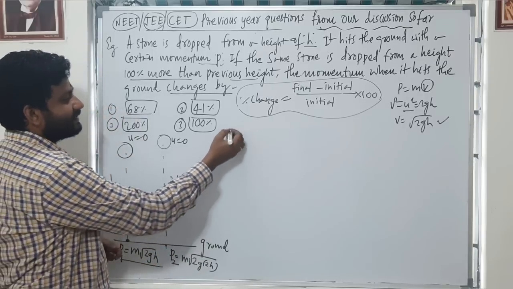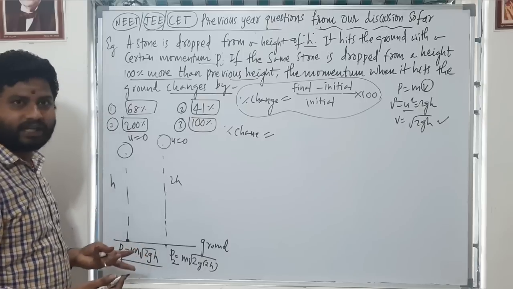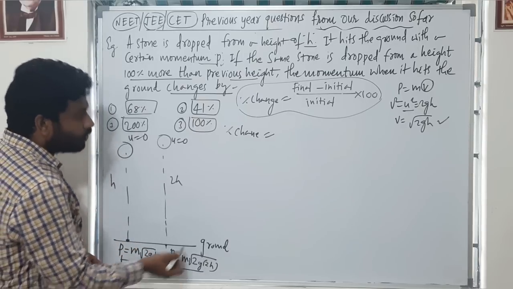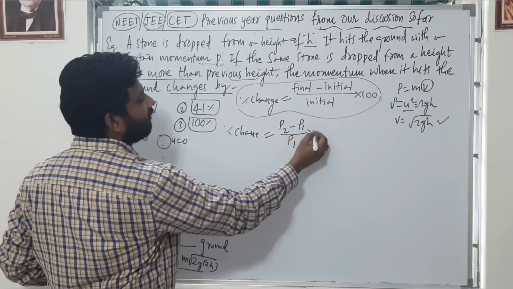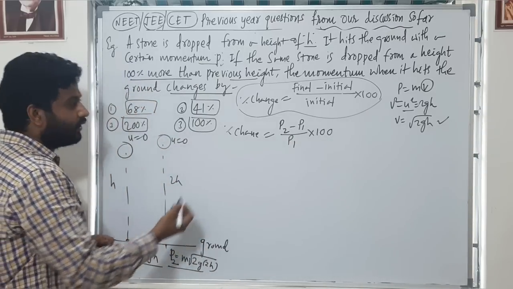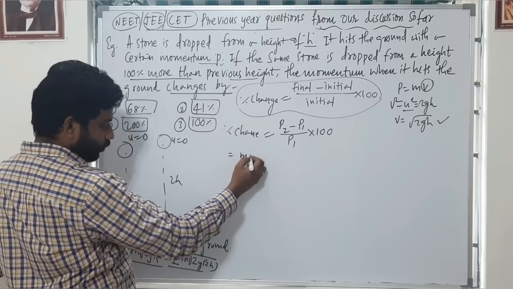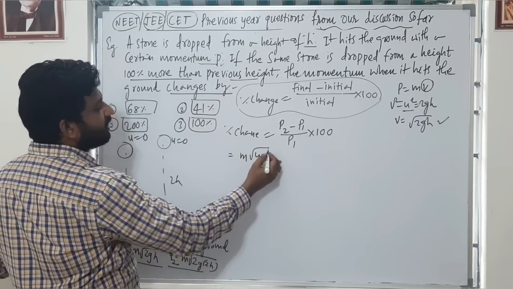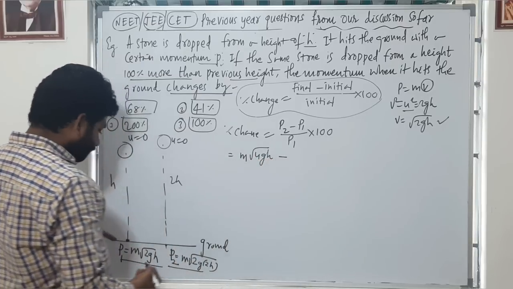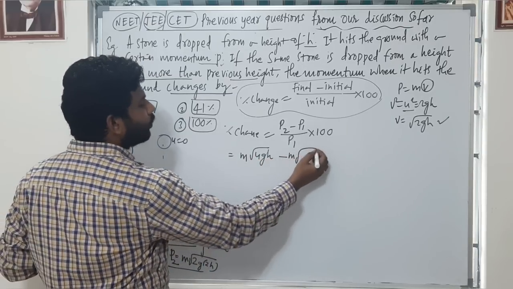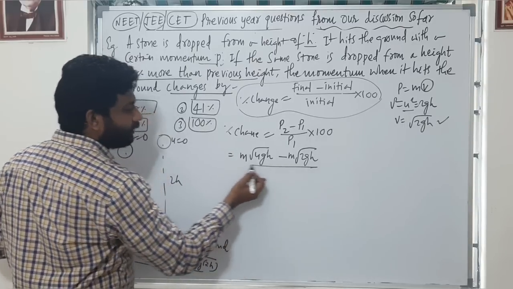Let's start. So the percentage change is equal to, what's the final linear momentum? It's P2, right? So P2 minus P1 divided by P1 into 100. What is P2? P2 is m into root 4gh. Yes or no? 2 into 2, 4gh. Minus m into root 2gh, divided by P1.